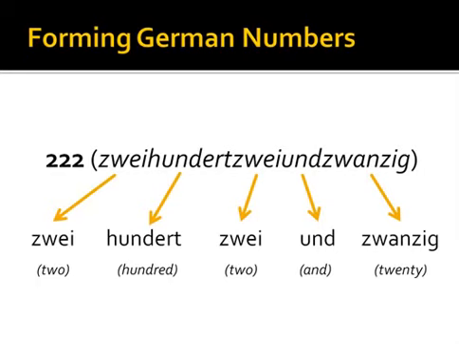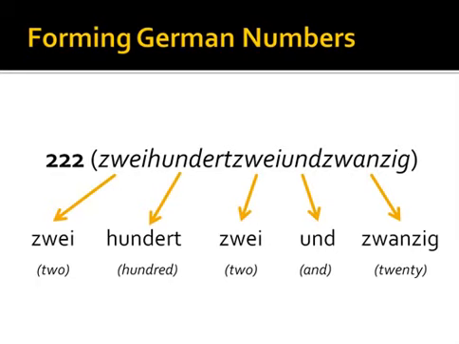However, we've got to remember our prior rule: any number that's between 20 and 99 is going to invert the order. So what we do in German is we have 200, then invert the order, 22. So essentially what we're saying is 200, 2, and 20. And that way we work our way up all the way from that number to 299.